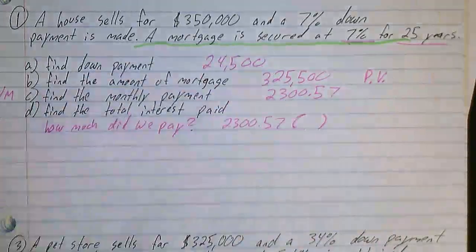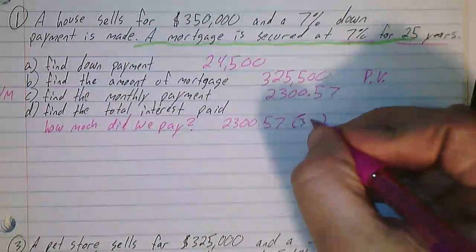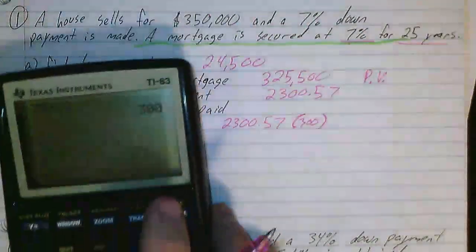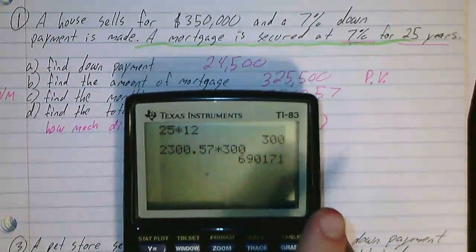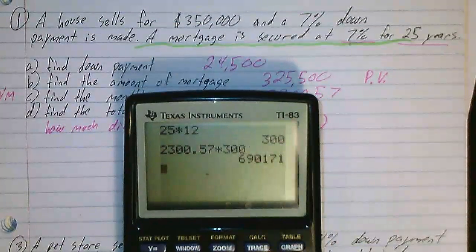That's 300 months. So in the calculator, 2,357.57 times 300 means we paid for this house $690,171.